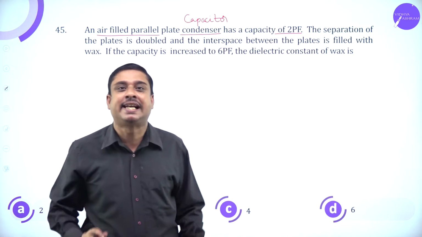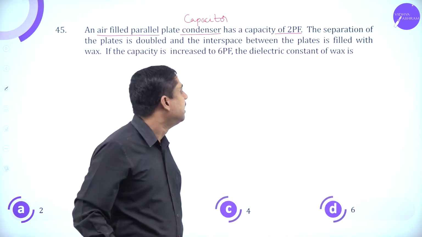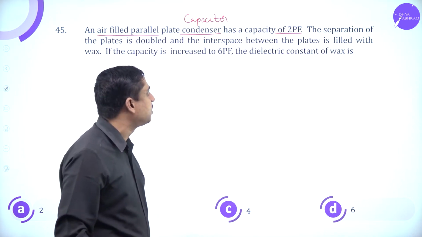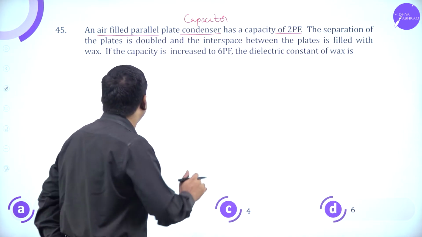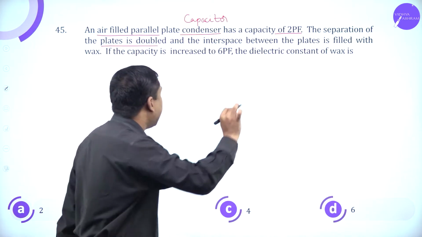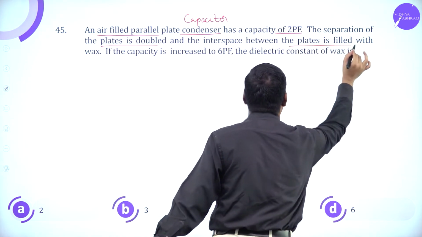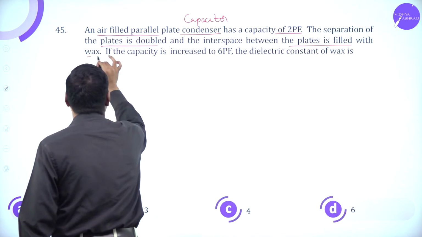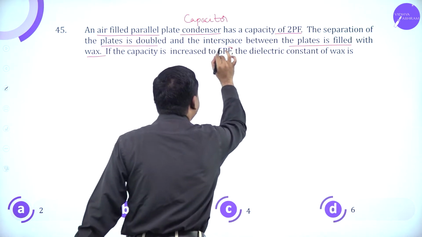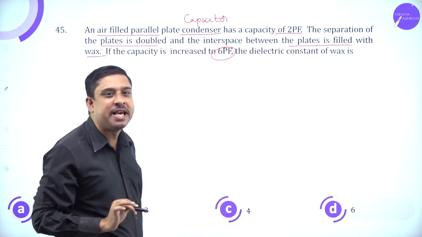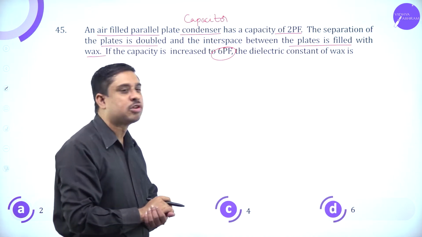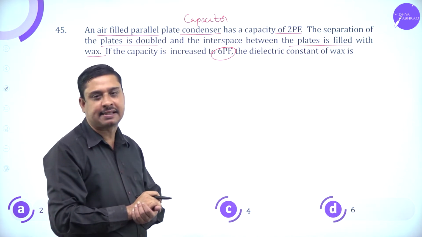The capacity is 2 picofarad. The separation between the plates is doubled and the space is now filled with wax. The capacity increases to 6 picofarads. What is the dielectric constant of wax?